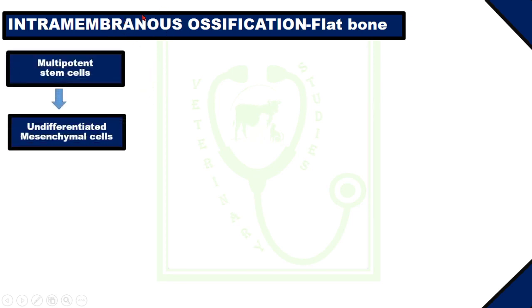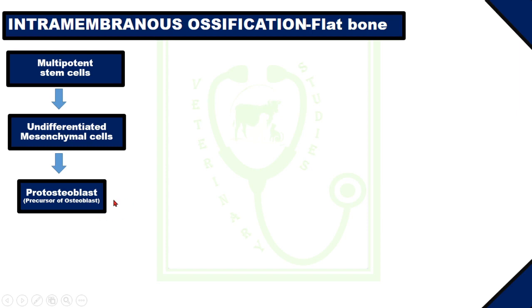In intramembranous ossification, multipotent stem cells of an embryo transform into undifferentiated mesenchymal cells. These mesenchymal cells develop into proto-osteoblasts, which are the precursors of osteoblasts, and they differentiate into osteoblasts.